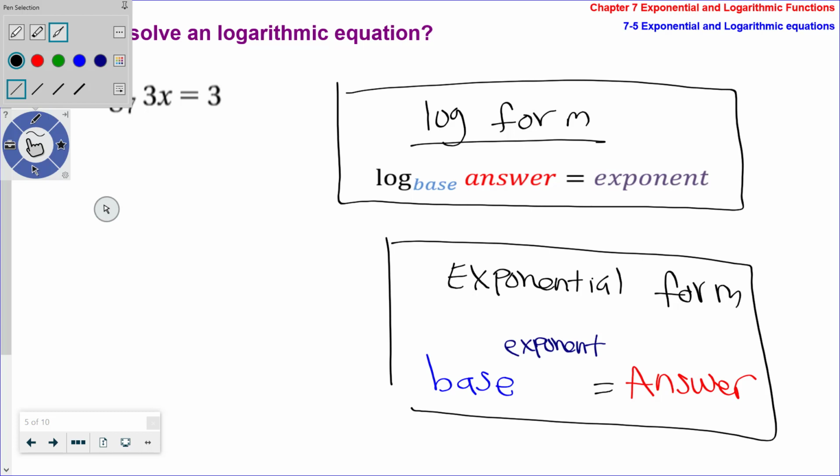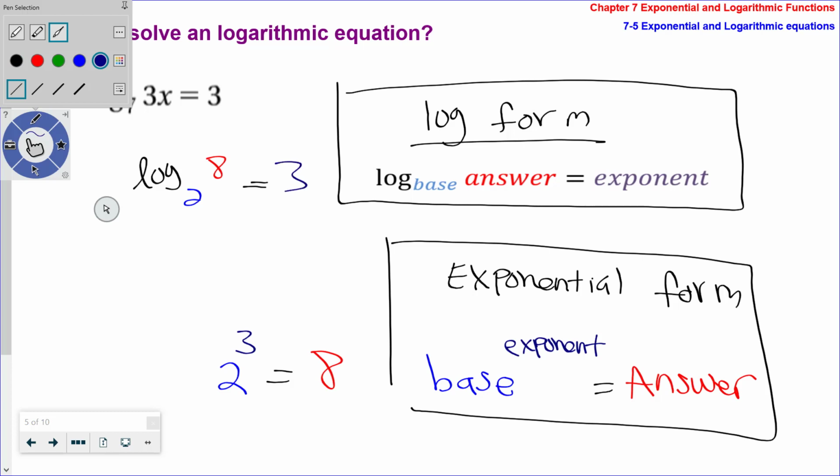And let me show you what I mean. Say the base is 2 raised to the third power. That equals the answer, which is 8. 2 raised to the third power equals 8. Base to the exponent equals answer. Log form would be log base 2 of 8 equals 3.